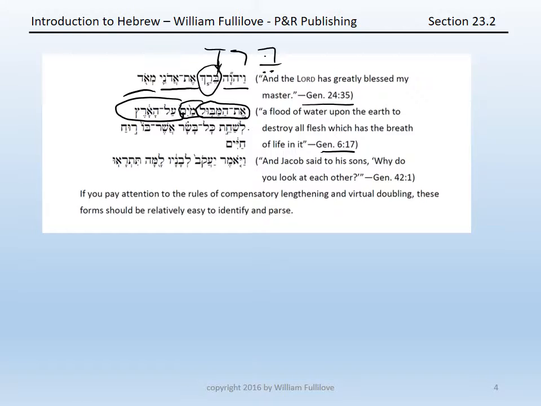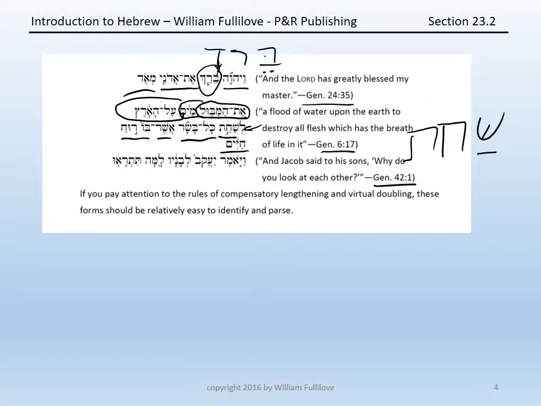Well, you have le, which marks an infinitive construct in this case, shachet, a Piel infinitive construct. Because a chet is the middle root letter, we have the typical infinitive construct form without compensatory lengthening. Shachet, to destroy. Kol basar, all flesh. Asher, which. Bo ruach chayim, in it is the breath of life.